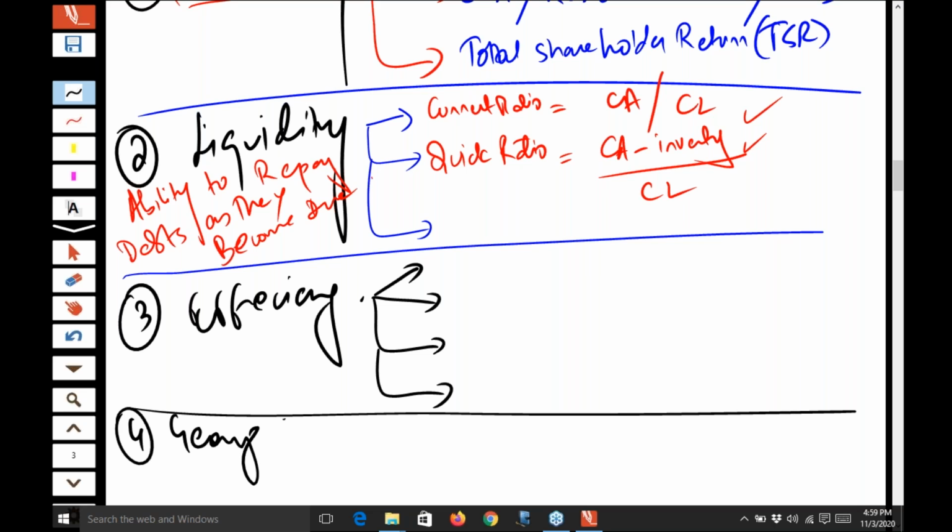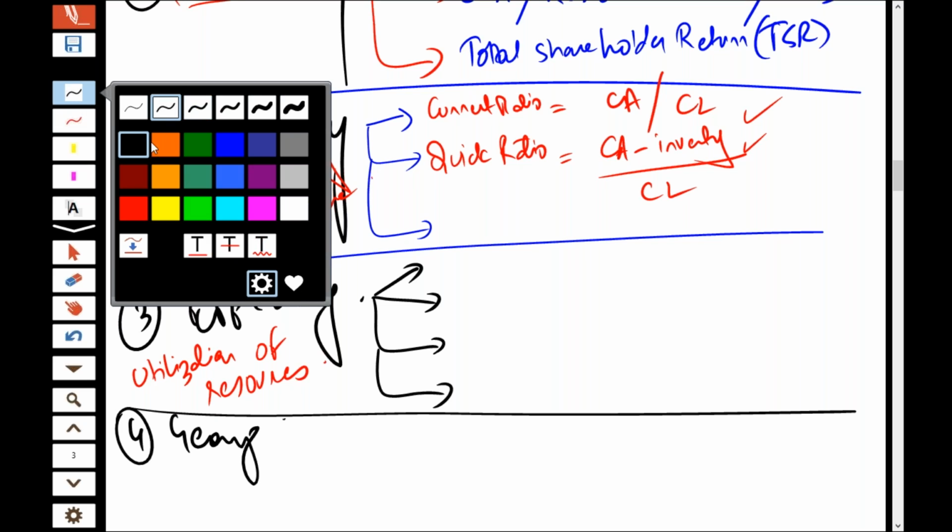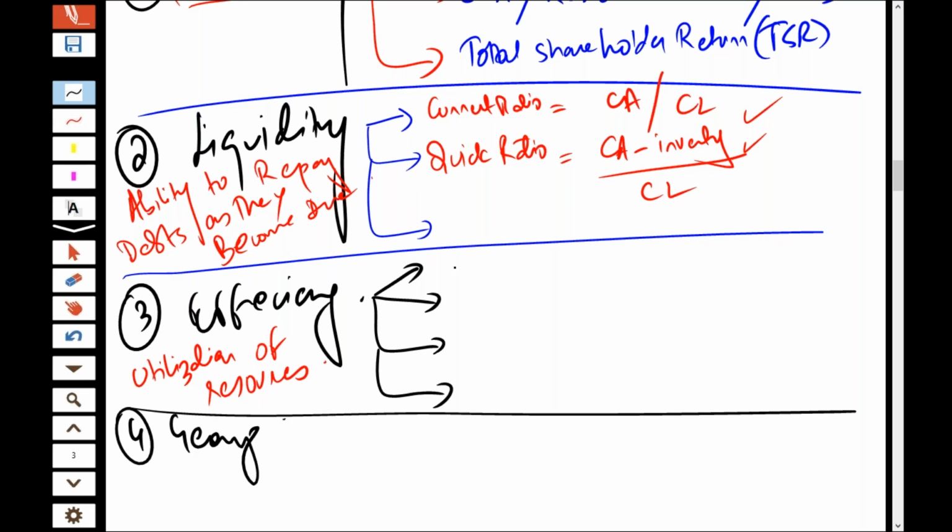Okay, so the efficiency ratios are also termed as utilization of resources ratios. What could be the different efficiency ratios?